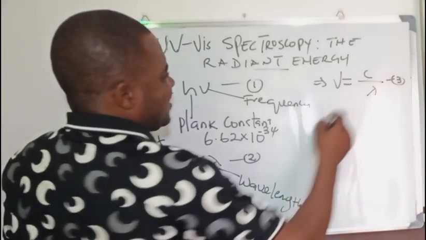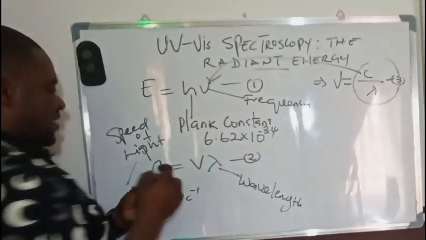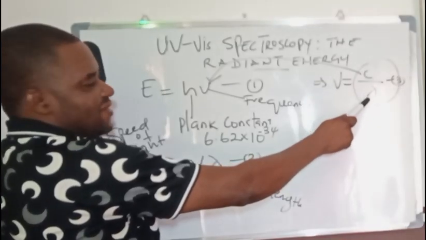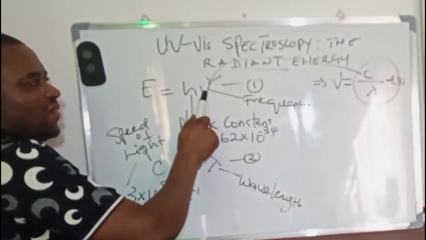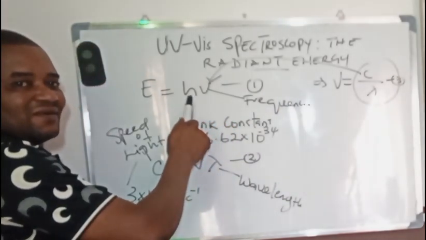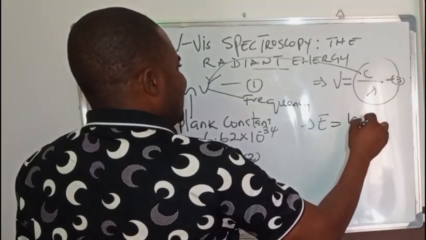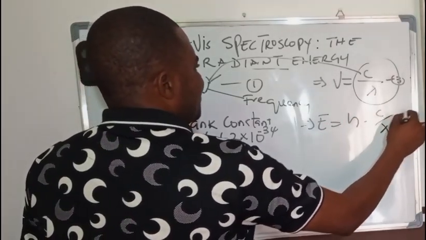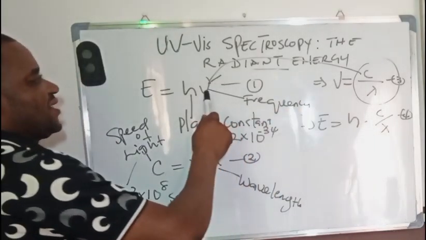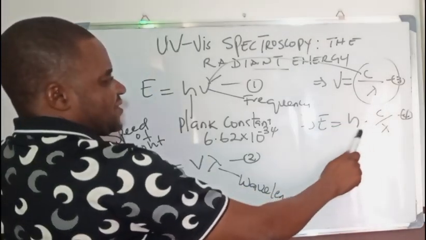And if we have this, we can substitute this c over λ for ν, which is frequency. When we substitute equation 3 into equation 1, we have E is equal to h times c over λ. If we substitute this equation into here, this ν will change to c over λ.